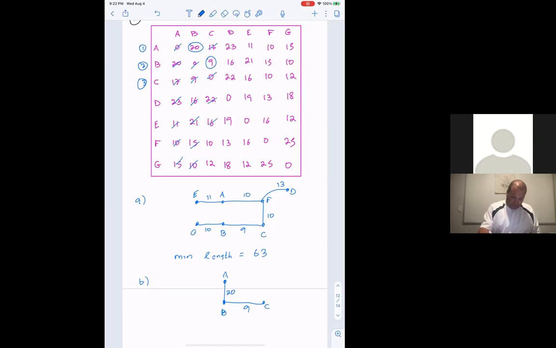Cross out everything in C. First 3 rows, I see 3 different 10s. I'll just take the top one, which is A to F. That's a 10. And so F is my fourth choice. I still see some 10s. I'll take the next one, which is B to G. So G is my fifth choice.